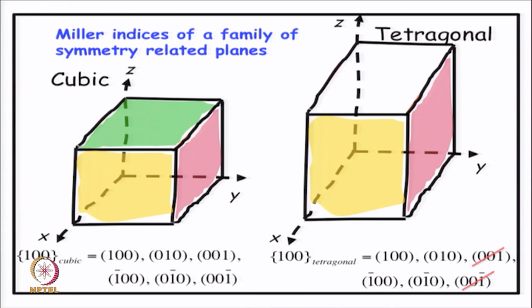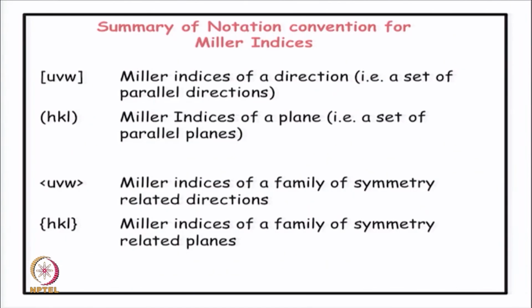Finally, let us complete this discussion on Miller indices by summarizing our notation. For the Miller indices of a direction we used UVW inside a square bracket.